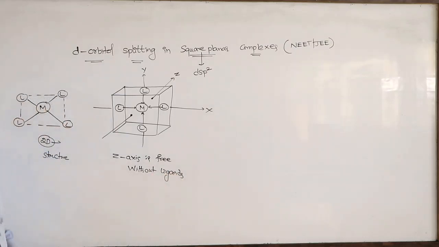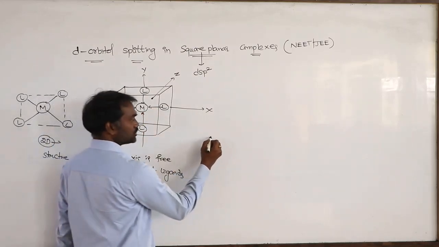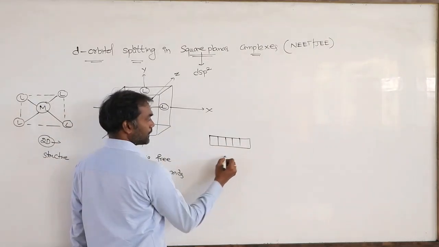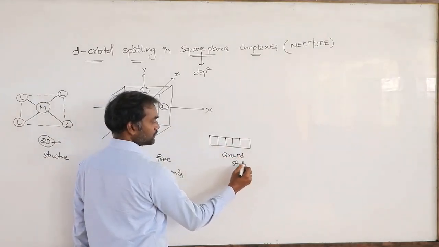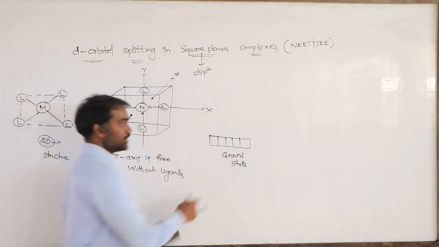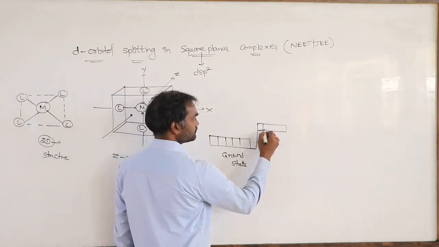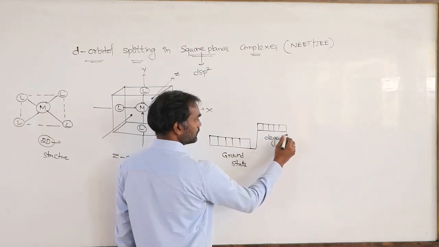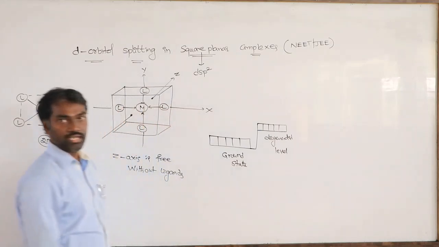So first of all, these ligands are coming on the axis. First I am taking the ground state d orbital. Next, as ligands come close, these are excited, so they go to the degenerate level.